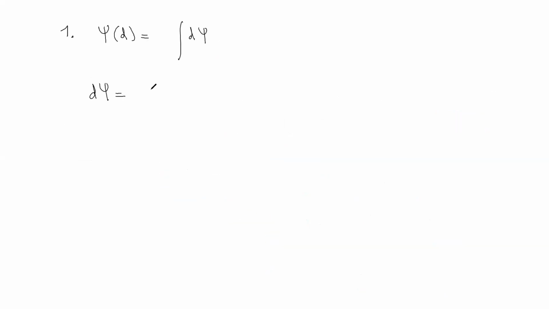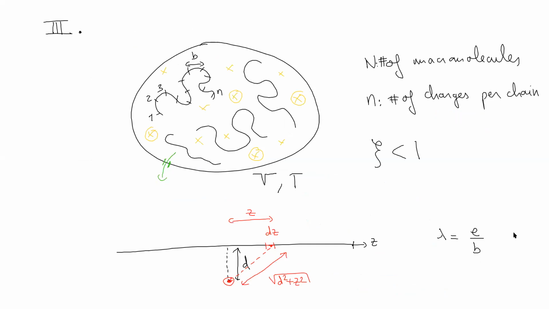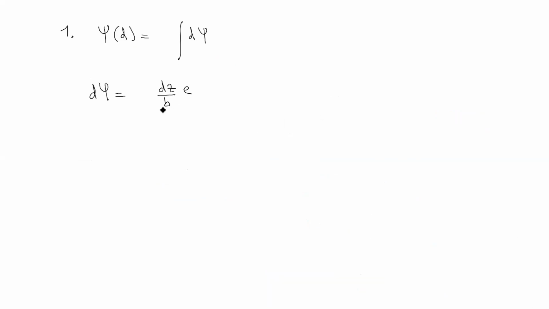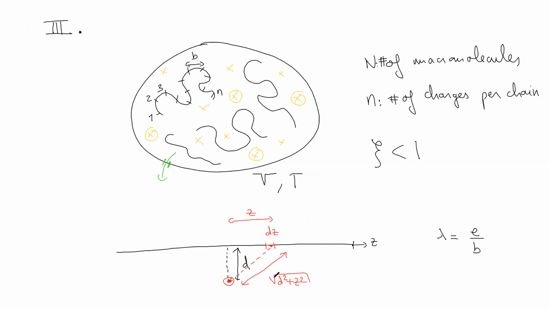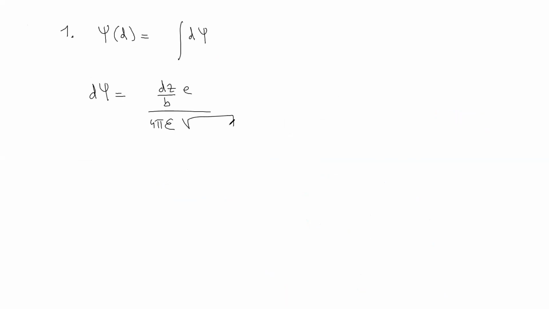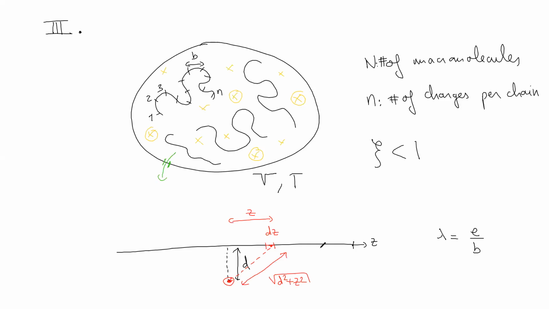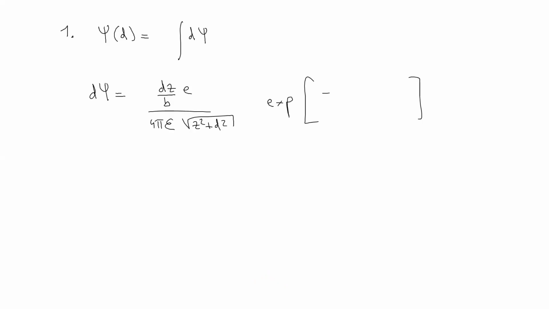The charge is dz over b times e. So I multiply the linear fraction times the little increment of space to have the effective charge, divided by 4 pi epsilon, and then the distance, and the distance is the square root of d squared plus z squared. Okay, and then I have the screening exponential factor, minus what? Minus the distance, so this guy over lambda T.